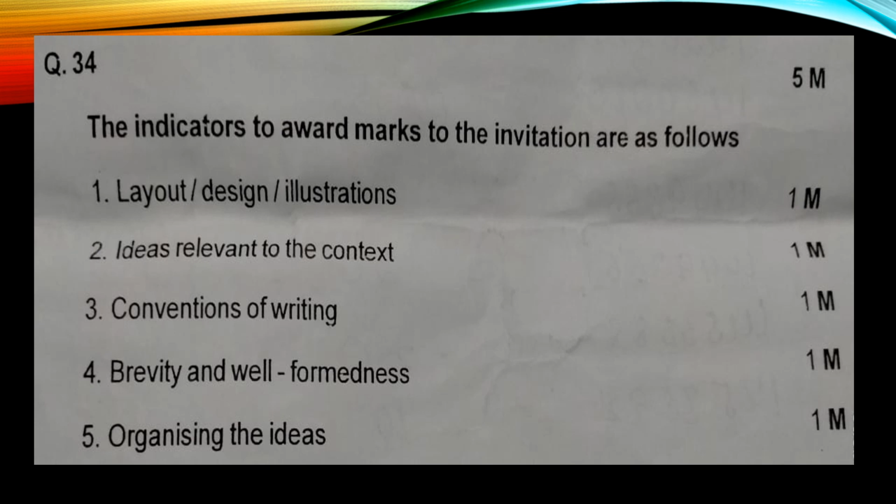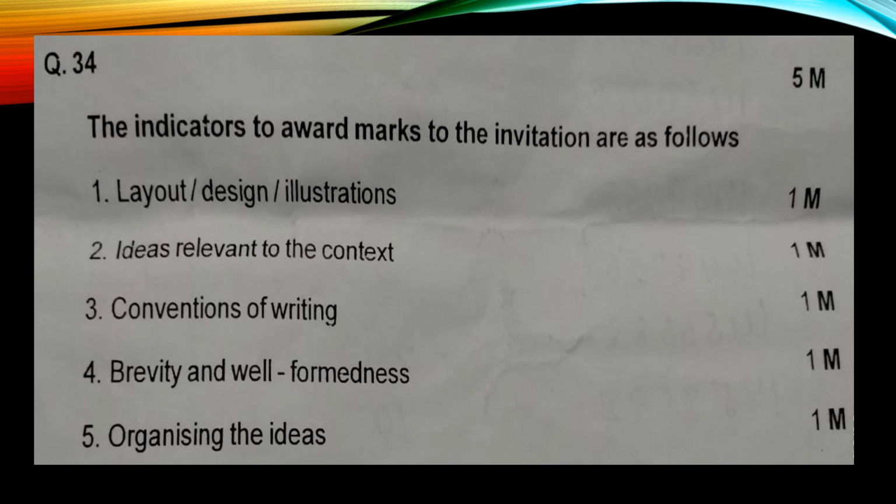Here are some indicators to award marks to different categories. First one, layout or design or illustration. Second one, ideas relevant to the context. Third one, conventions of writing. Fourth one, brevity and well-formedness.